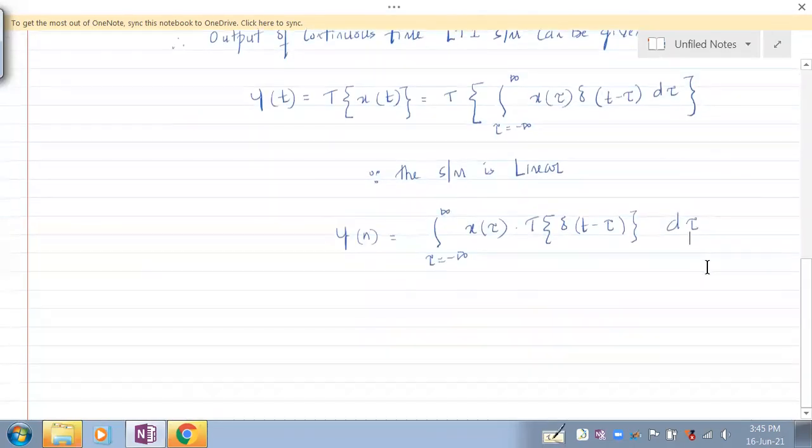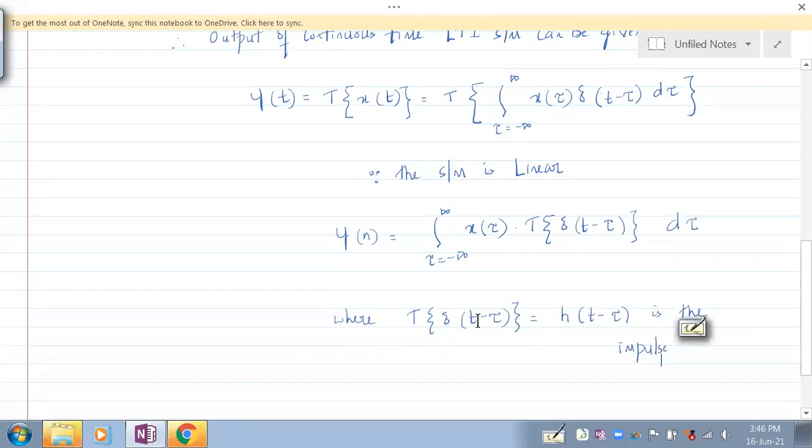The response to delta of t minus tau is equal to h of t minus tau, where h is the impulse response.